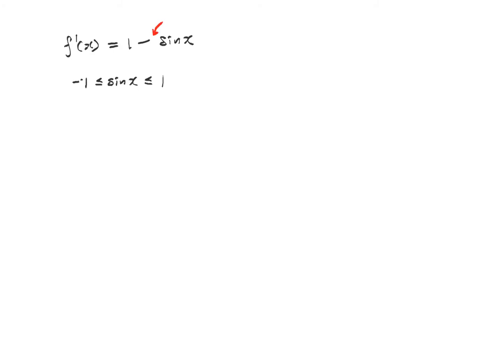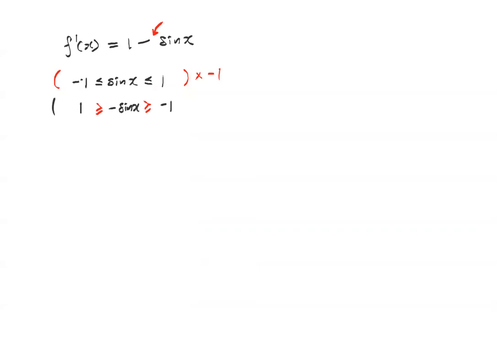So we times the whole inequality by -1. If you time an inequality by -1, what should you do to the inequality? Change the sign, am I right? Good. So this is 1, negative sin x, and -1.